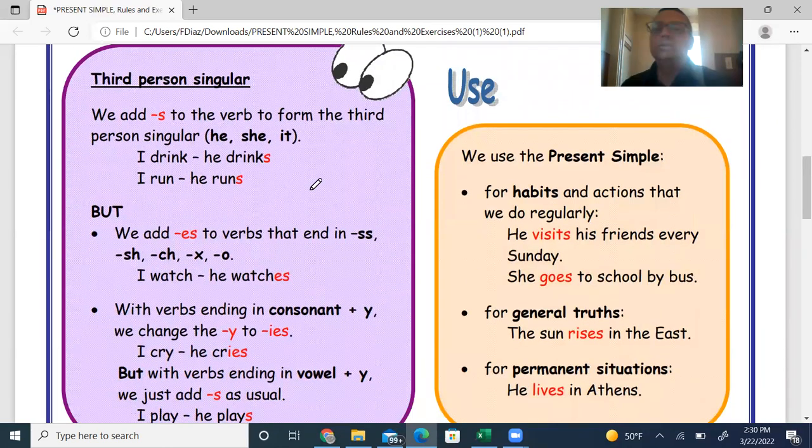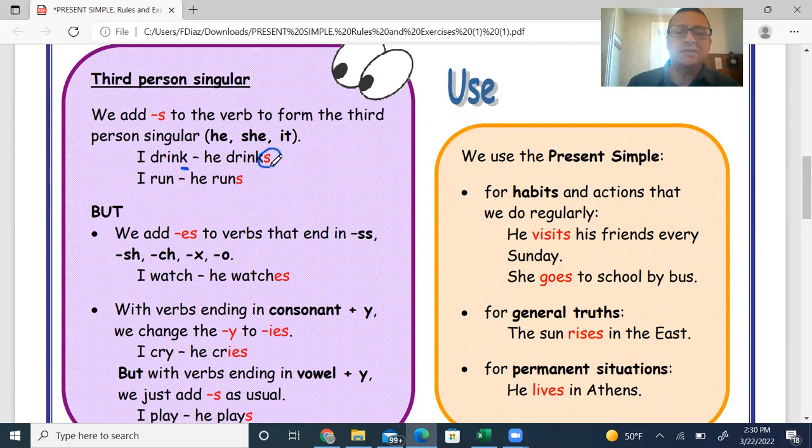More explanations. So, the simple present, it's very simple to explain. But there are little variations that you have to pay attention to. For example, if the verb finishes in a consonant, you only add s to it. See?